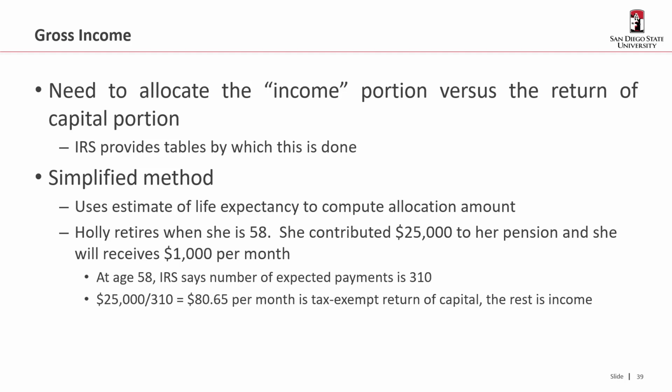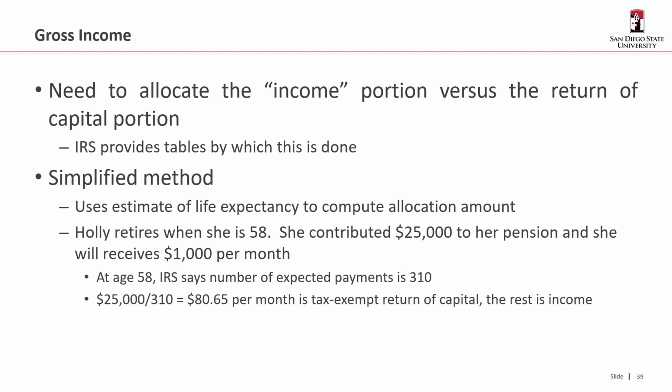There is a simplified method. It basically uses an estimate of life expectancy, and it computes the allocated amounts between income and principal. So Holly retires when she's 58. She contributed $25,000 of her own money to her pension, and she's going to receive $1,000 per month.